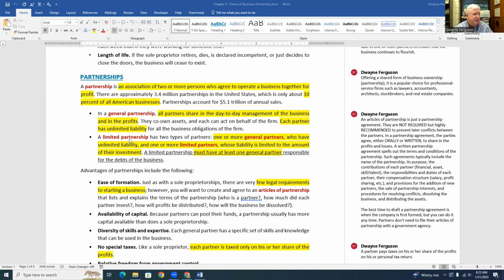Well, you could just buy into a partnership and become a limited partner. A limited partnership has at least one general partner, someone that will take responsibility and liability for whatever goes wrong. And then the rest of the partners can be limited partners who just buy in. The most that these people can lose is their investment.